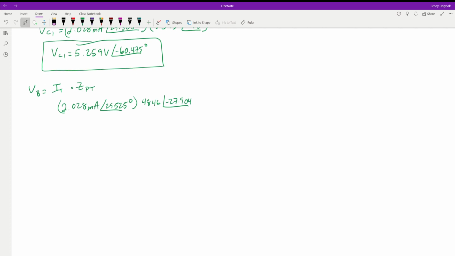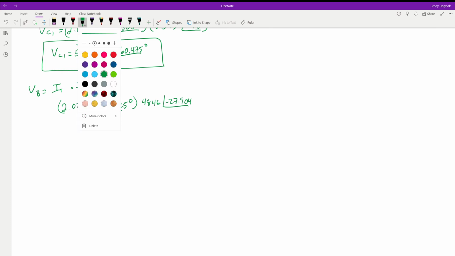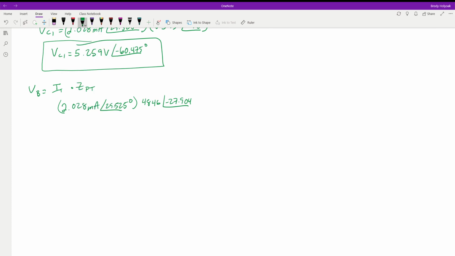So this voltage drop across this whole parallel branch is 9.828 at an angle of 1.621 degrees.